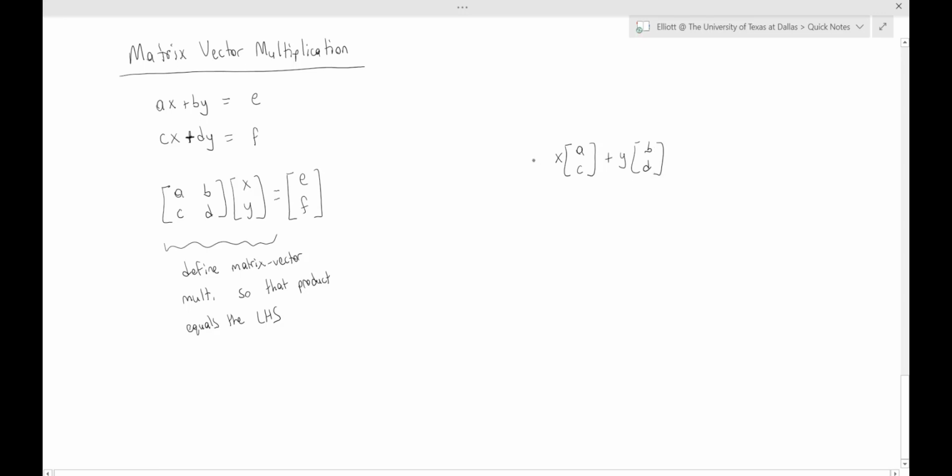So that's the left-hand side of our system of equations. We're saying that we want the matrix of coefficients times the vector of unknowns to equal this. And then we can generalize that to matrices of other sizes other than size 2x2.